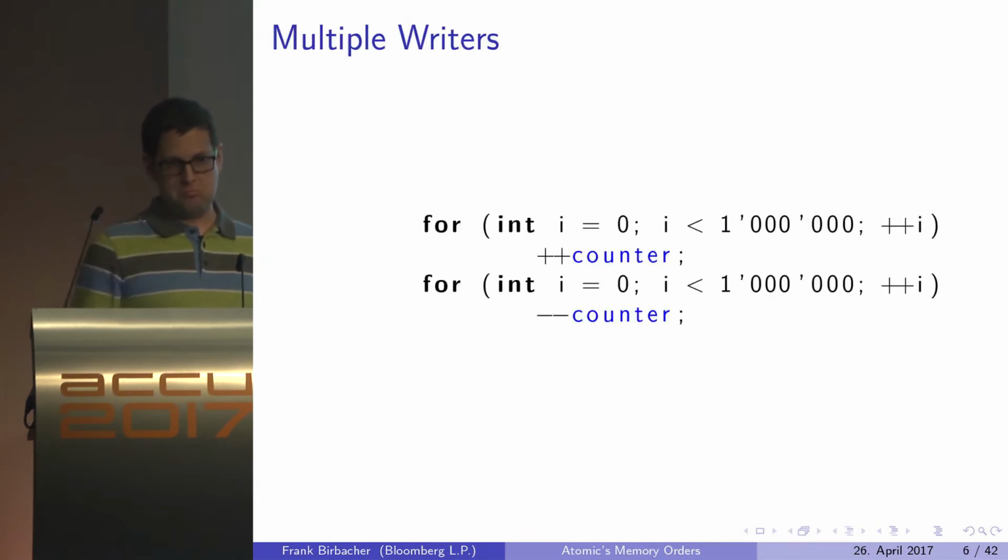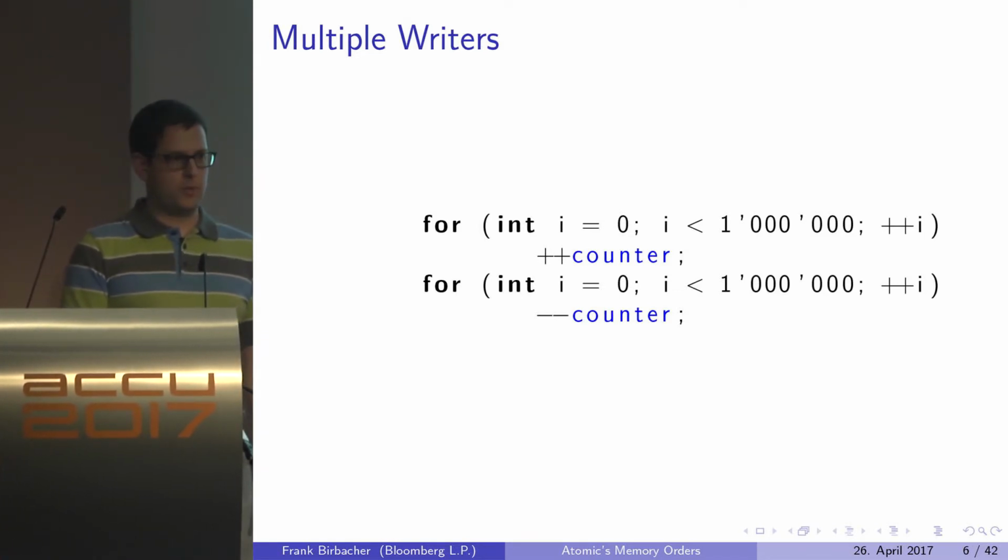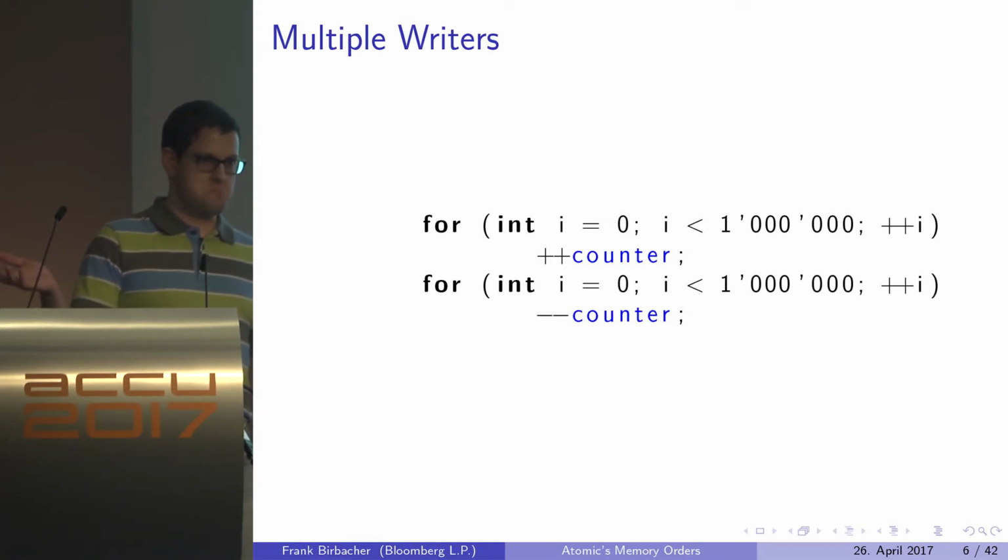So let's try this. Let's take a counter variable, let it be atomic, and let multiple threads increment and decrement it 1,000,000 times. If we let this run with any number of threads, the counter in the end should be 0 again.